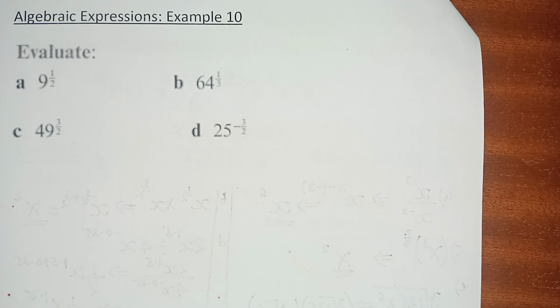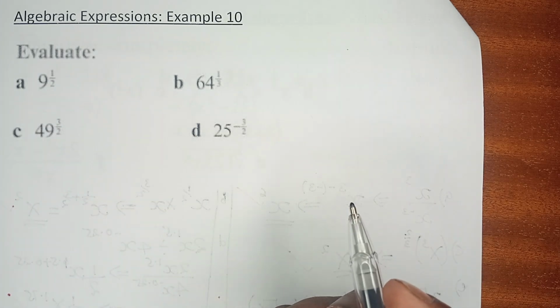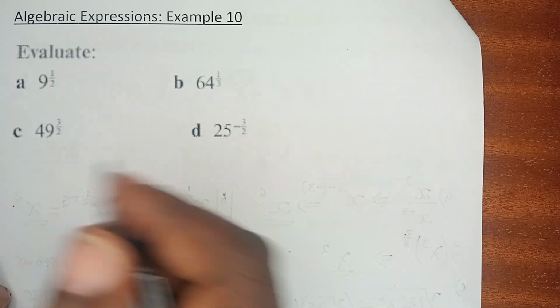And in this video we are going to now see indices at work. Simple indices. We are going to explain example 10, and we are talking about 9 raised to power a half.